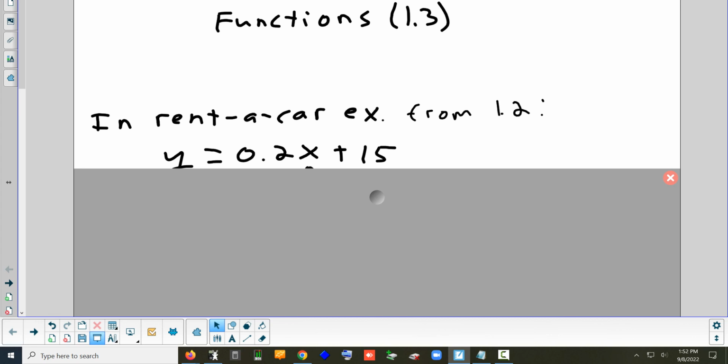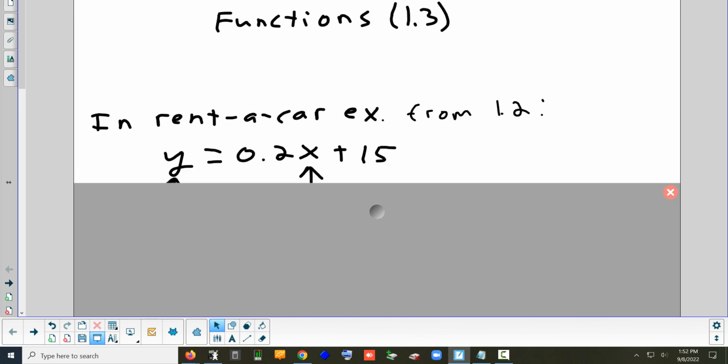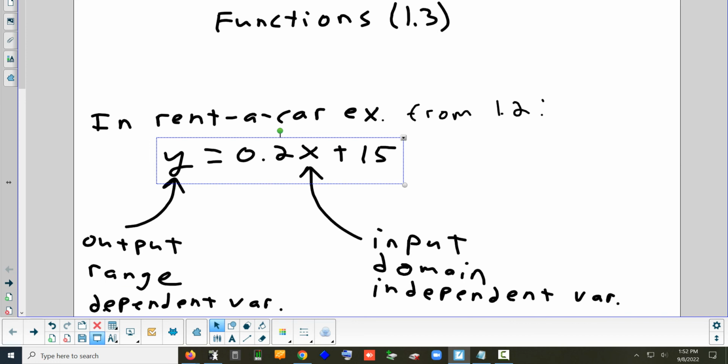In the rent-a-car problem we did yesterday, if you remember, that was the formula that we had. It was like 20 cents per mile, and then I think it costs like $15 to rent the car. The x variable and the y variable have different names.